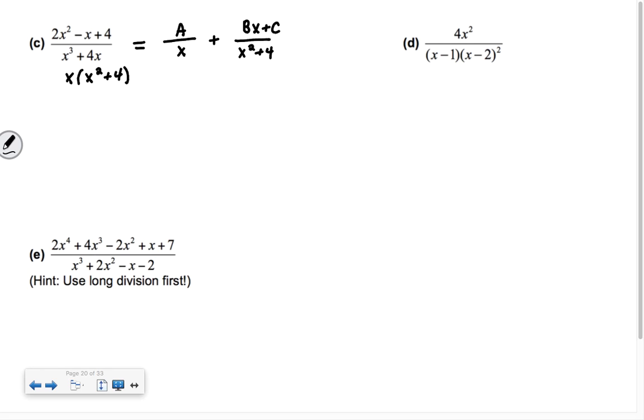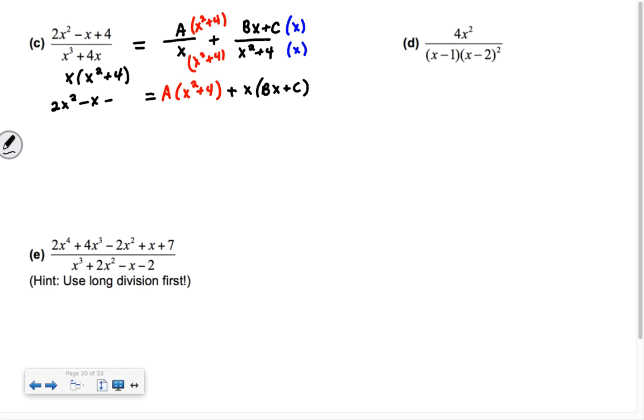Okay, so think about how we get common denominators. So this first one, we're going to multiply our a by x squared plus 4 over itself. So we're doing x squared plus 4. And then the second one, we're multiplying by x over x. All that entire numerator is going to be equal to 2x squared minus x plus 4.